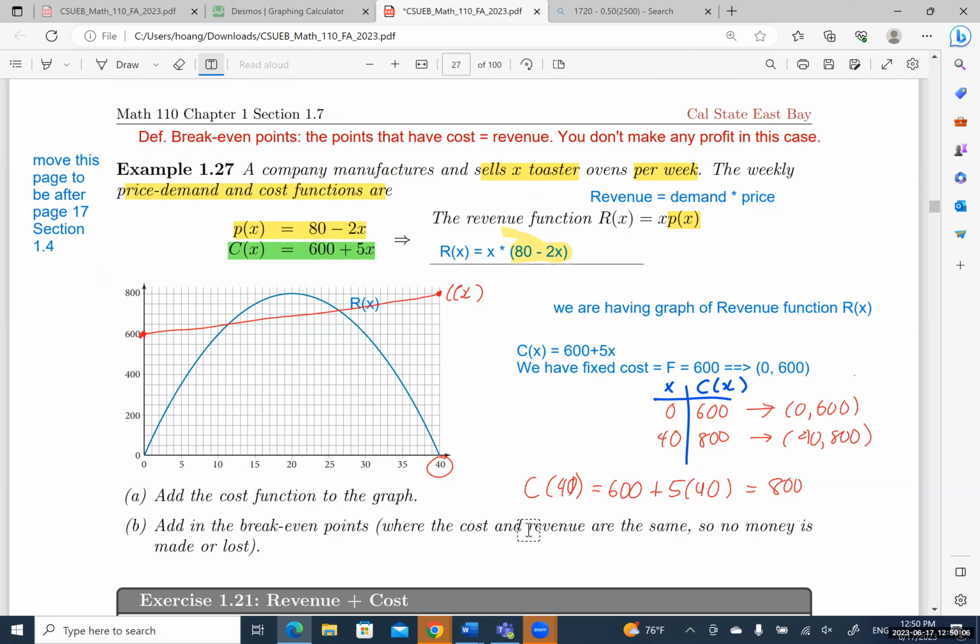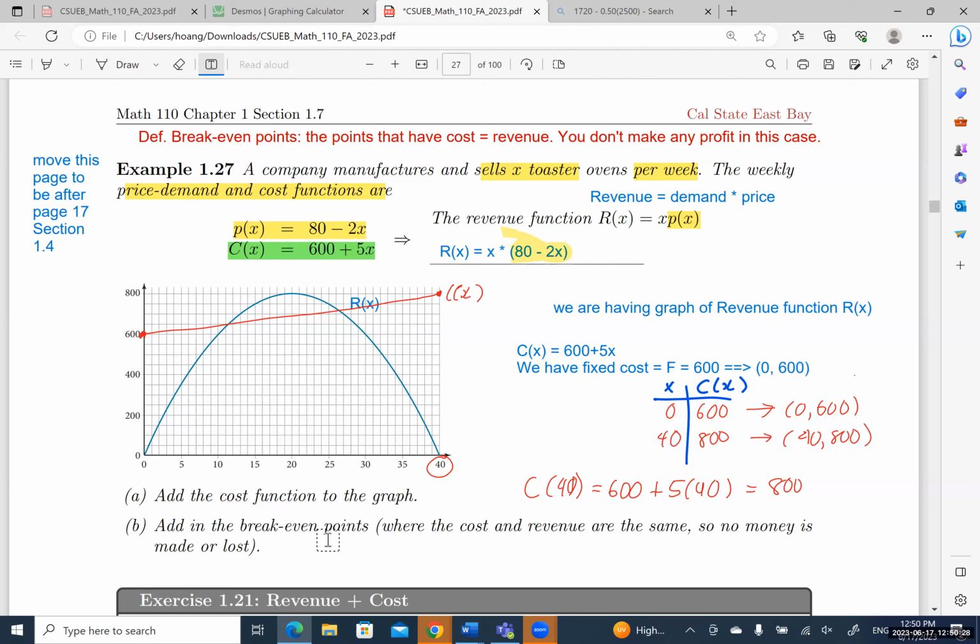Okay, so you look at the graph, try to see the quick point where the cost function and revenue function are equal to each other, right?